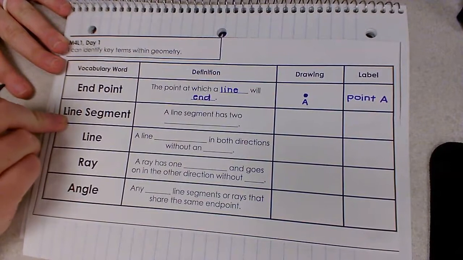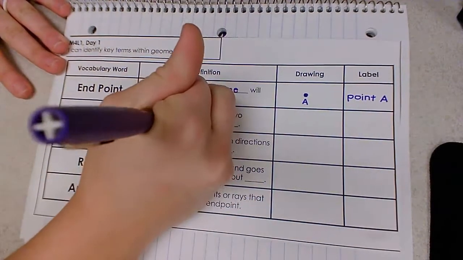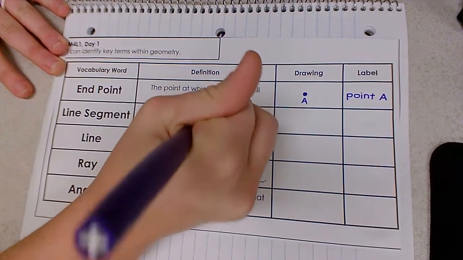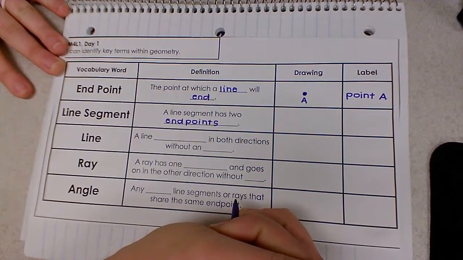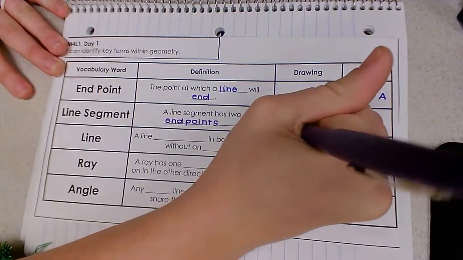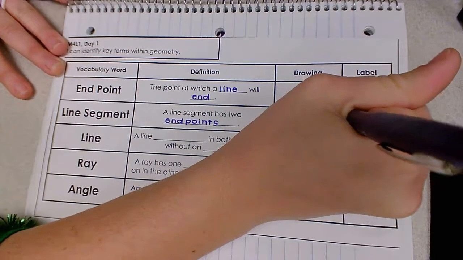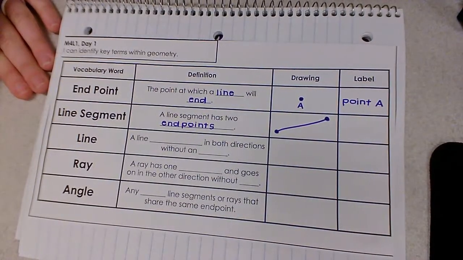And that's pretty much the line that you're used to drawing most times. A line segment has two endpoints. It ends on both sides. You can have an endpoint here, an endpoint there, and the two connect together.